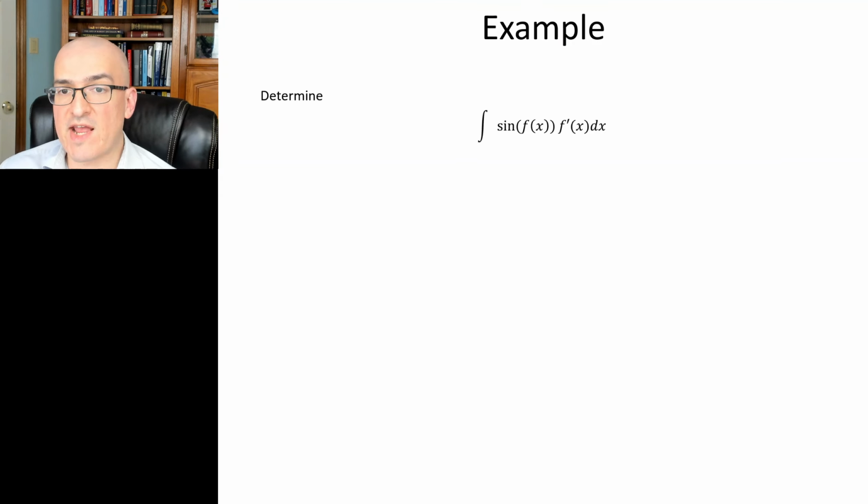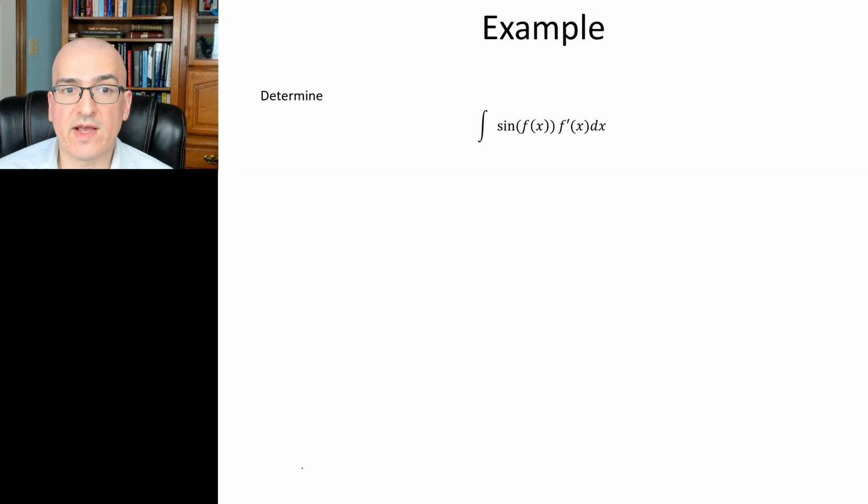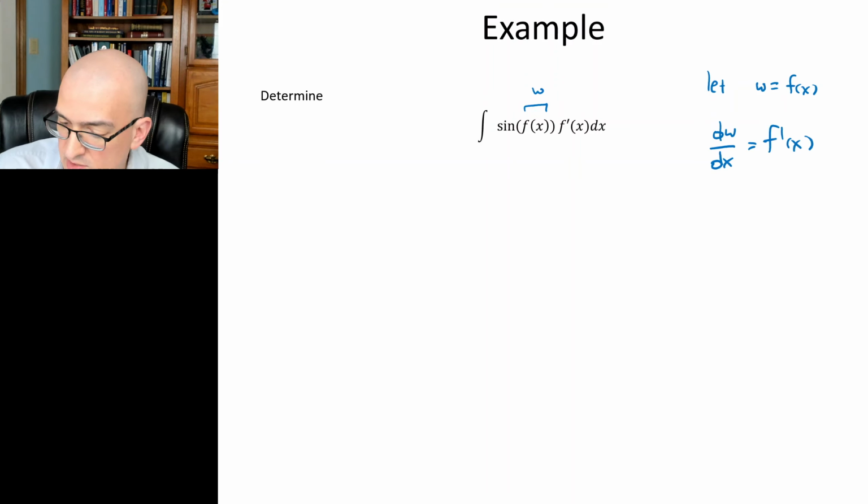We have the antiderivative of the sine of f of x times f prime. And I'm going to solve this like we were solving the other ones with the w's. So it doesn't really matter what that f of x is. I'm going to let w equal f of x, the part that's being plugged in. Then dw by dx is f prime of x, and then rearrange.